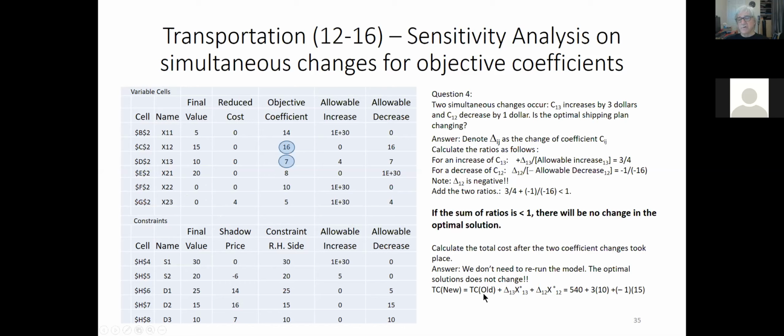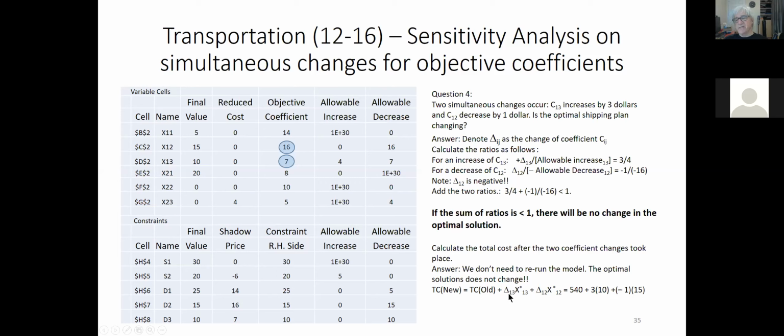So now for the total cost, and this is the second question here, you just take the original function. You know that the optimal solution is the same. You can use it. And then you add to the original value of the objective function the changes due to the changes in costs. So here's the objective function. It's 540.